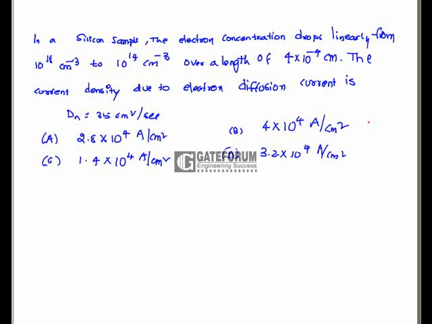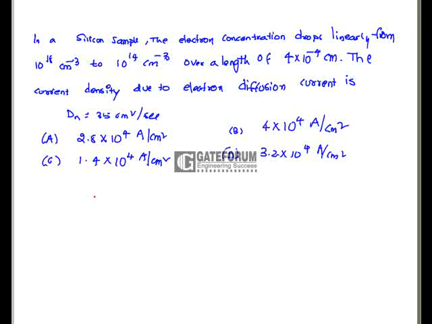In a sample, the electron concentration drops linearly from 10 power 18 per centimeter cube to 10 power 14 per centimeter cube over a length of 4 into 10 power minus 4 centimeters. The current density due to the electron diffusion current is, with Dn as 35 centimeter square per second.